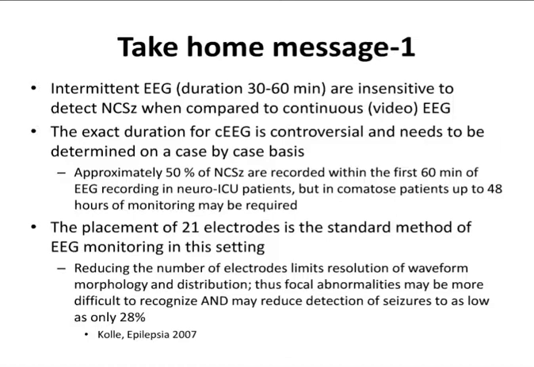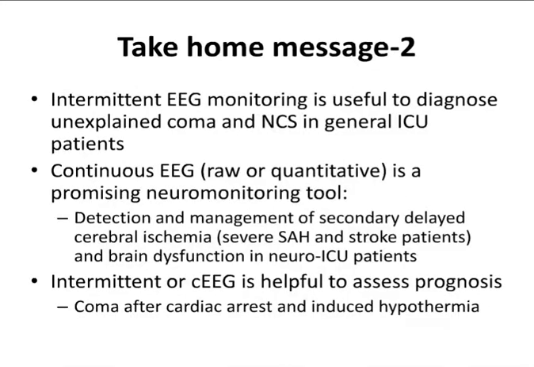If we talk about dynamic brain function, simplified montages have these advantages, and so I think we should go for at least 9 to 14 electrodes or even more. And finally, intermittent EEG is useful in unexplained coma, and continuous EEG, I think, is a promising neuromonitoring tool, as I showed, for brain dysfunction and prediction of prognosis.